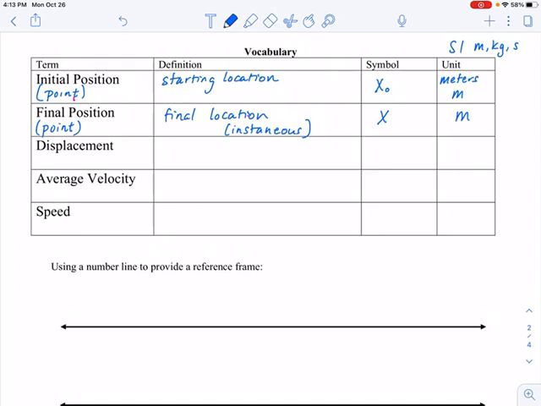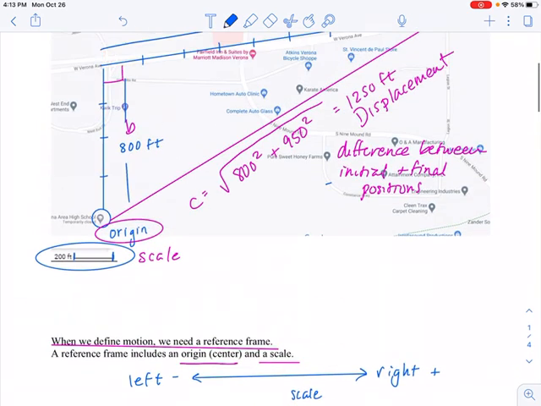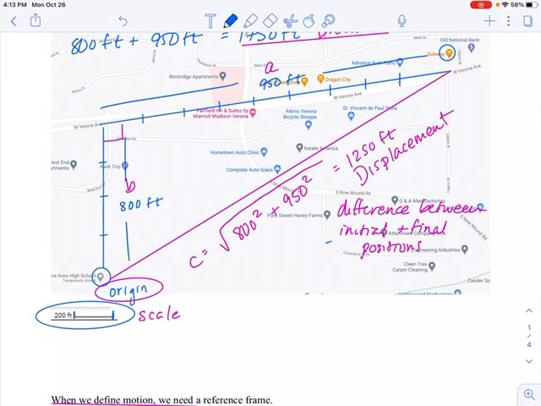Displacement we just defined. Displacement is the difference between starting location and final location. Now, displacement is a vector. And a vector means that it's got a distance to it, which was 1,250 feet, but it also has a direction.